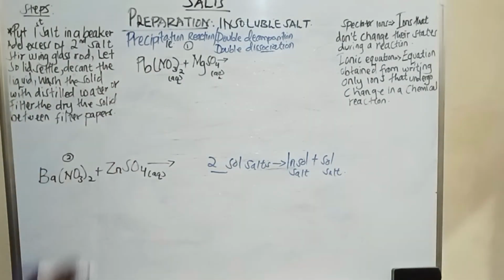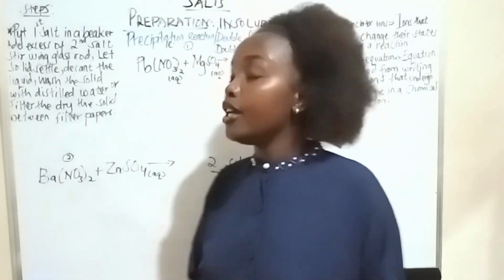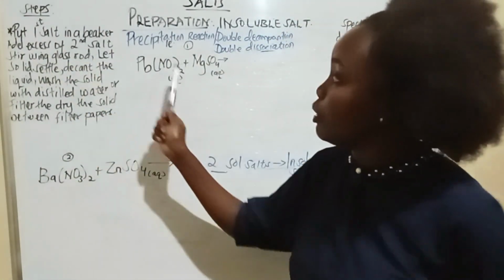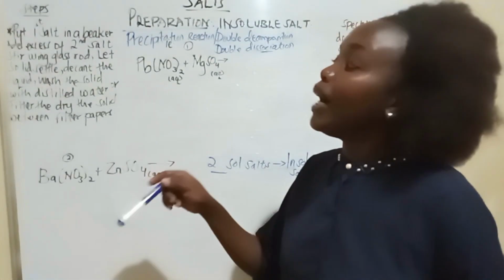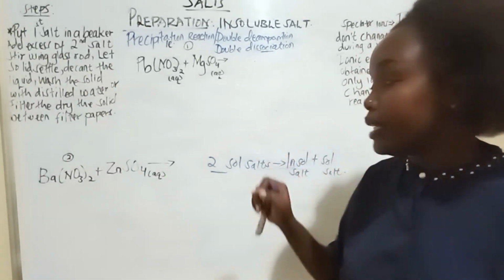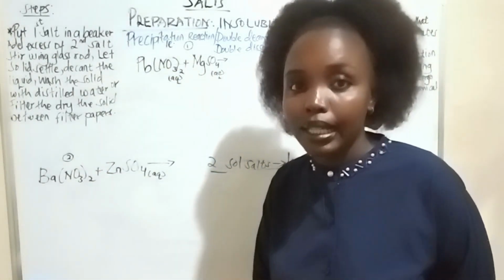Now, what do you do in terms of preparation? You take one of your soluble salts, and remember this salt is going to be in solution form because it is soluble. You put it in a beaker. You add an excess of the second soluble salt in the beaker while stirring with a glass rod.